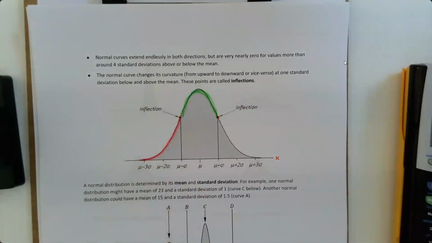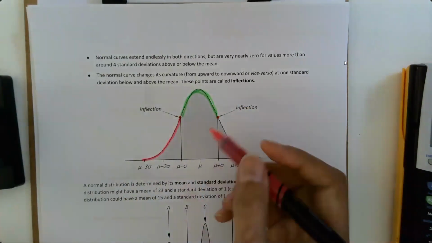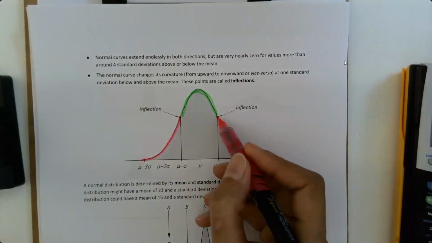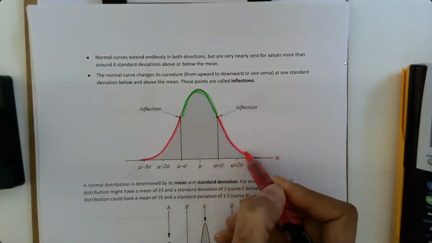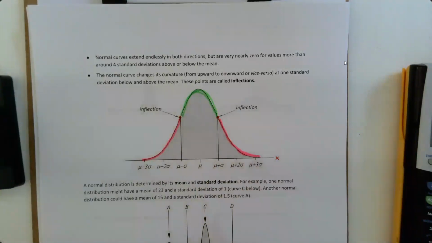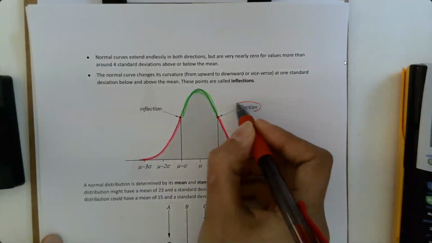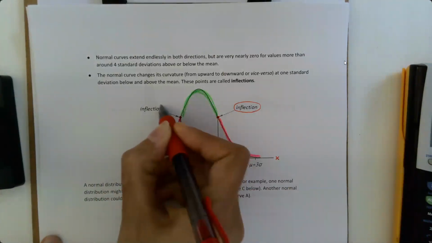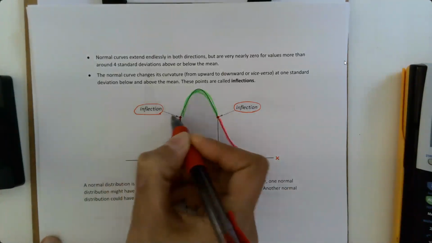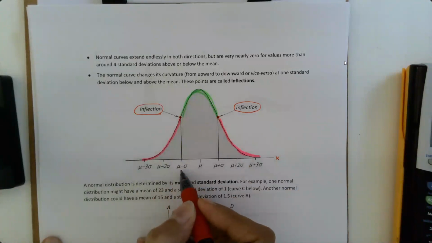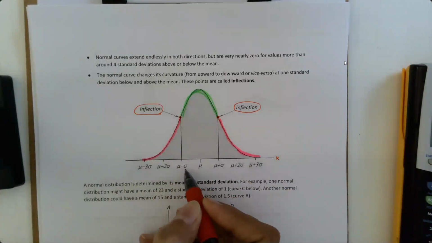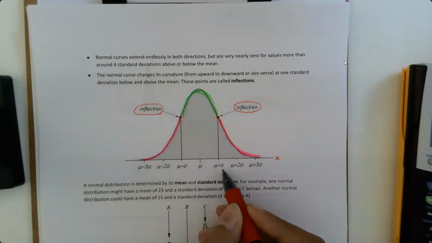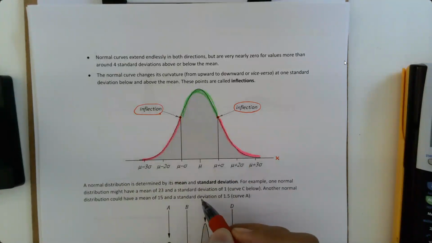Then again, up. This is the behavior of the normal curve, normal distribution. And these 2 points are called inflection points. They happen at x equals mu minus sigma and x equals mu plus sigma.